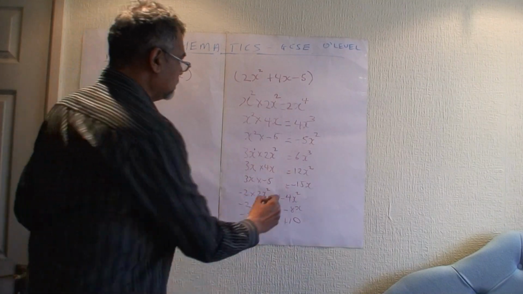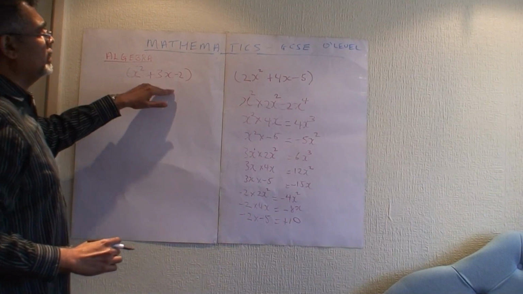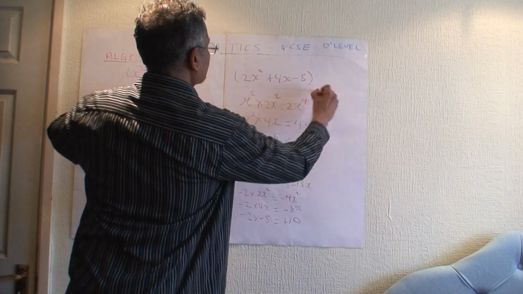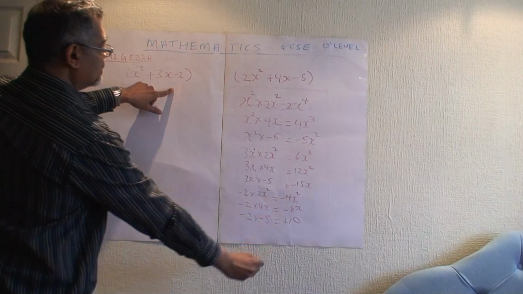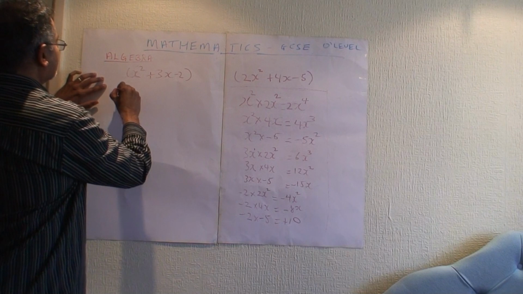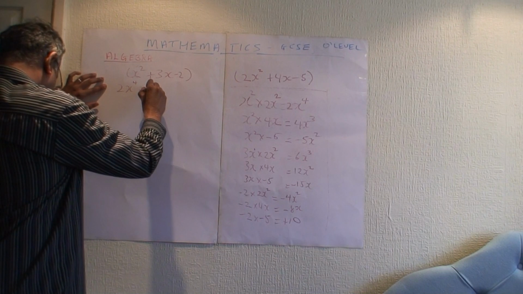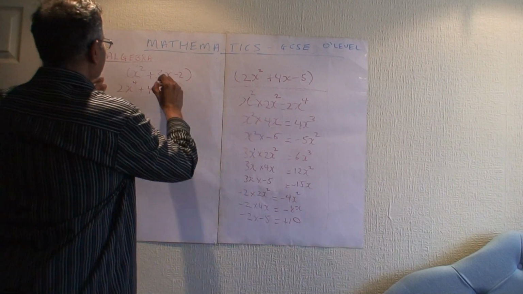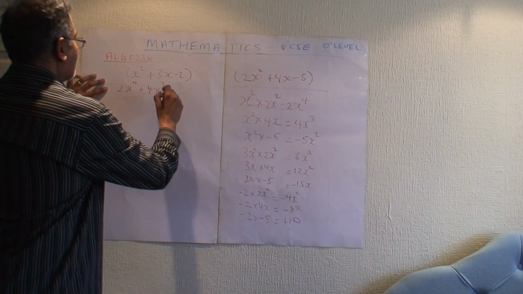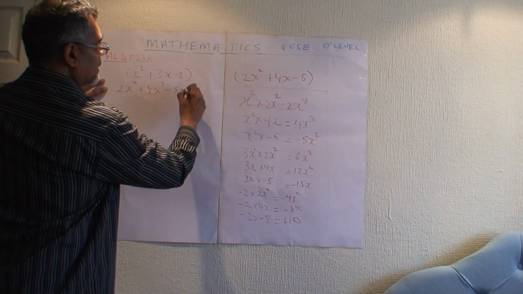So we have all these values here, and we need to combine them now. We have 2x to the 4th power, plus 4x to the 3rd power, minus 5x to the 2nd power.